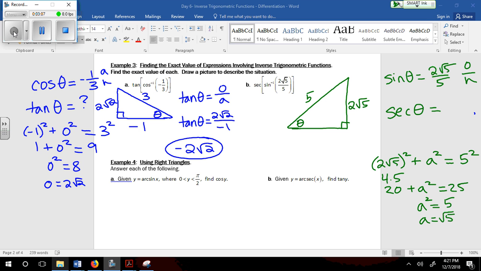So to find secant, we're going to do adjacent over hypotenuse. That would be root 5 over the hypotenuse, which was 5. So root 5 over 5 would be the answer.